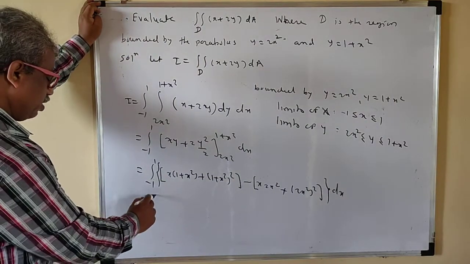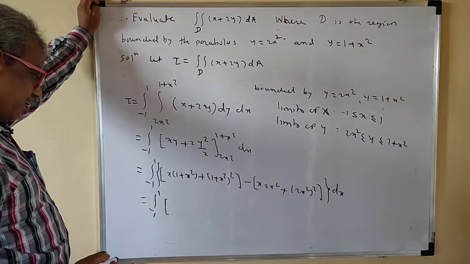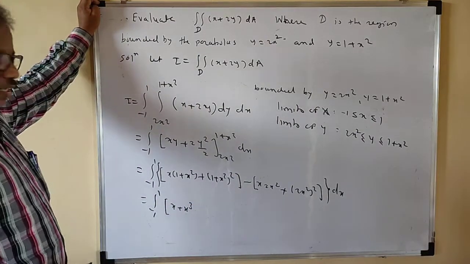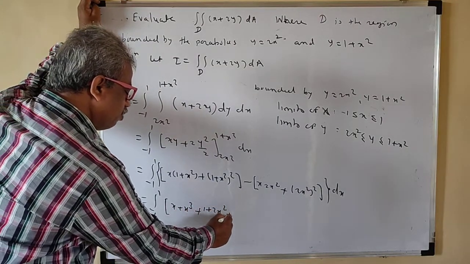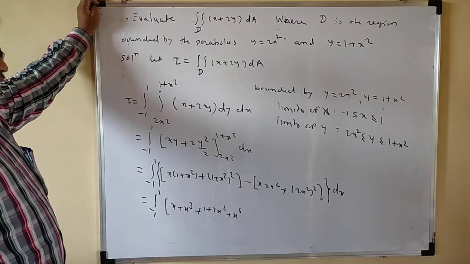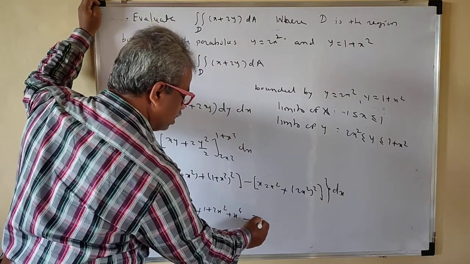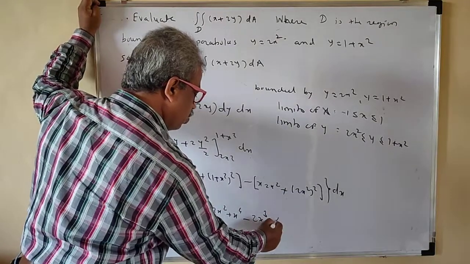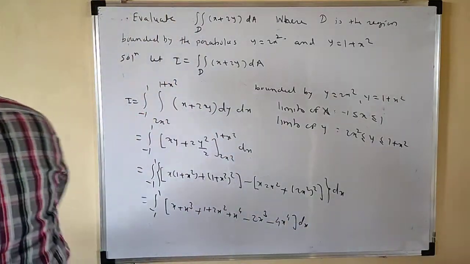So now this is from minus 1 to 1. We'll simplify this in square brackets now: x plus x cube plus 1 plus 2x square plus x raised to 4, minus 2x cube minus 4x raised to 4, dx.